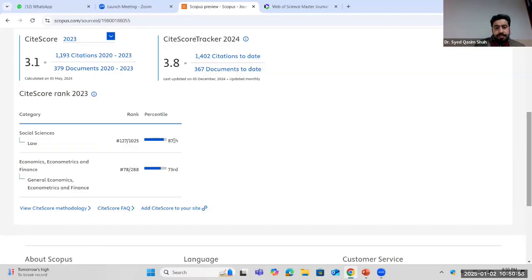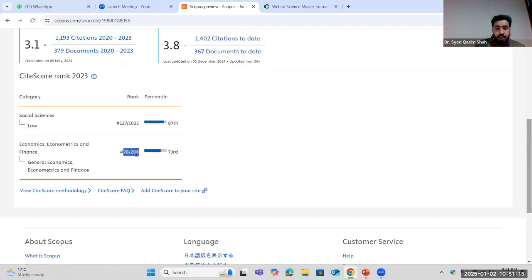In terms of social sciences, it is ranked 127 out of 1025. In the field of finance, it is ranked 78 out of 288 total journals, and that falls in Q2. Since that is 78th, which is less than the 75th percentile, it is a Q2 journal.